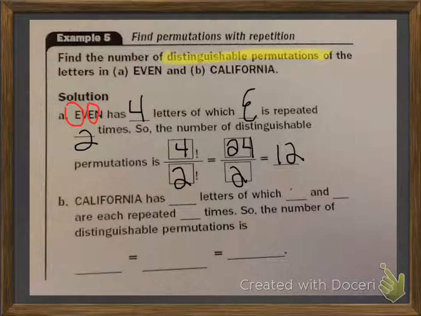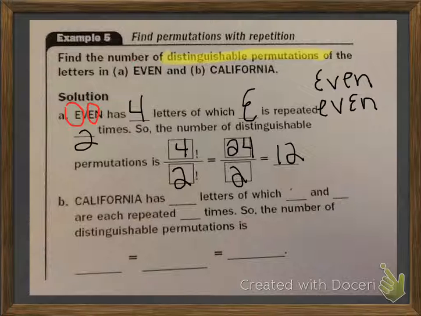Okay. That means, just for a quick example here, if you are spelling the word even, since you have two different E's, and I put one in uppercase and one lowercase, when you switch the E's, they're still spelled the same way.